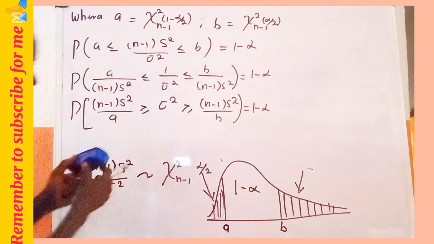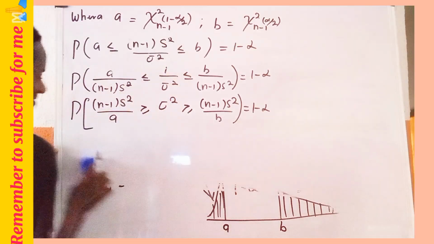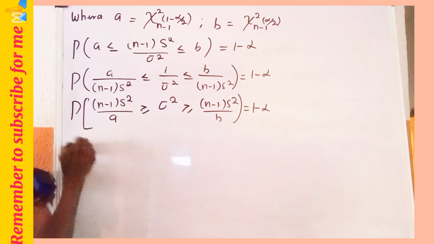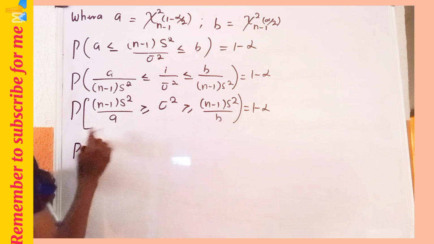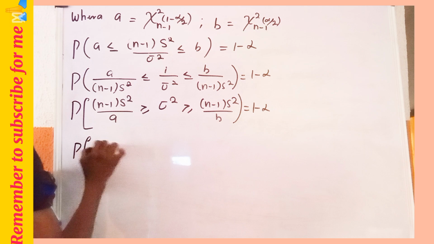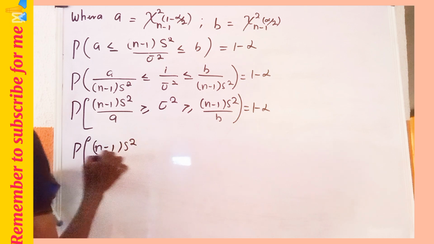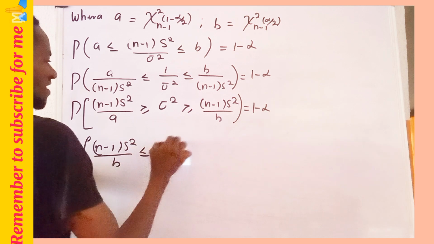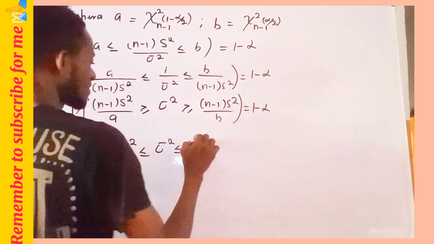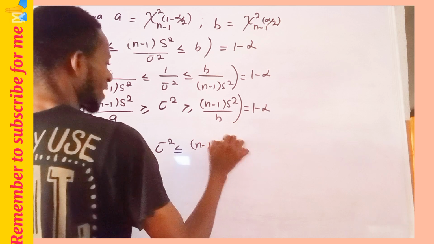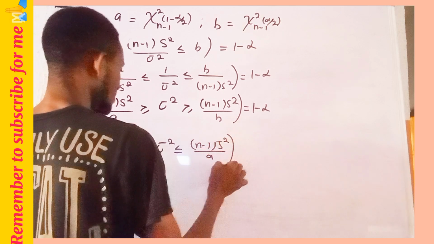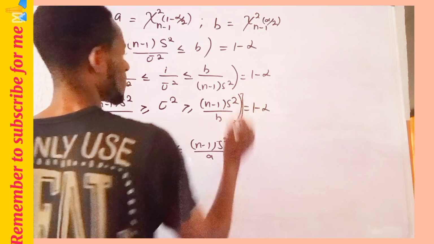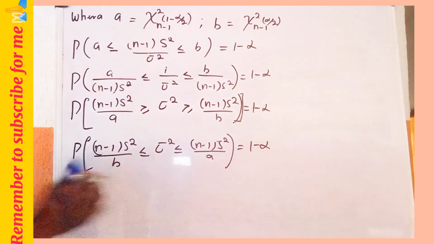This implies that we have the probability, starting from this one, that (n minus 1) s squared all over B is less than or equal to sigma squared, which is less than or equal to (n minus 1) s squared all over A, close the bracket, equals 1 minus alpha.